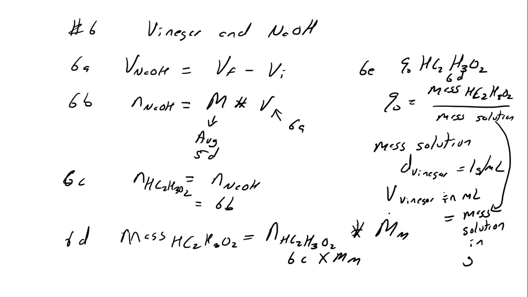Okay? Times 100 to get into percents. So you're going to have 2 answers there again. All right? Any questions? You're doing 4 titrations altogether, 2 with the KHP and 2 with the vinegar. Okay?